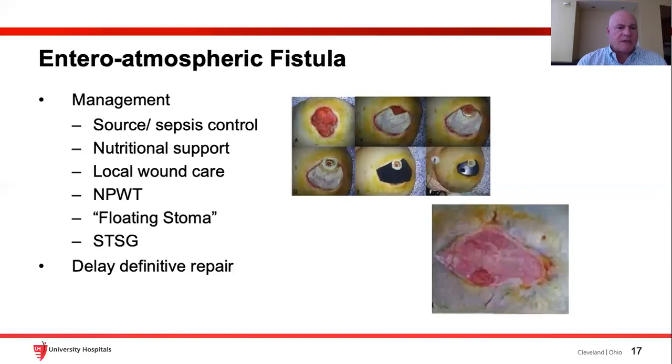Definitive repair should be delayed until this graft is pinchable off the surface of the intestines or viscera below, and it can be accompanied with an abdominal reconstructive effort. This is generally after 6 to 12 months of recovery.